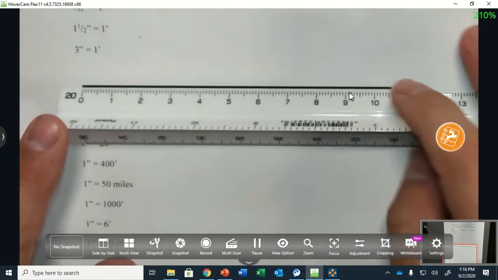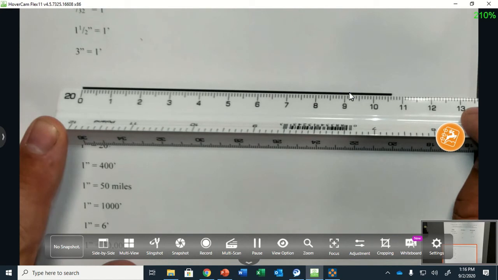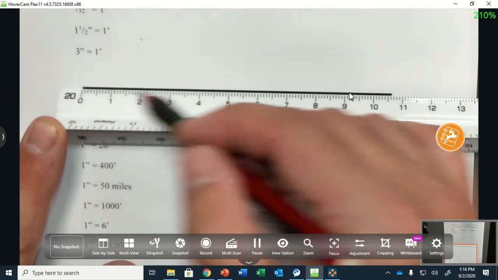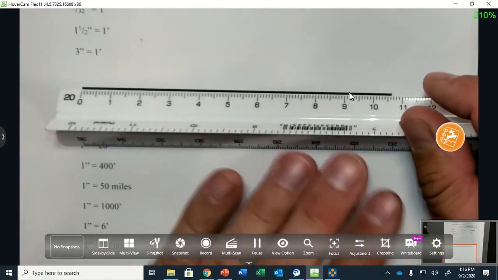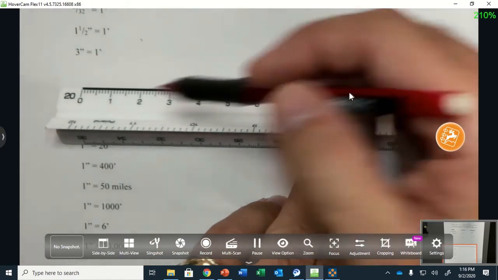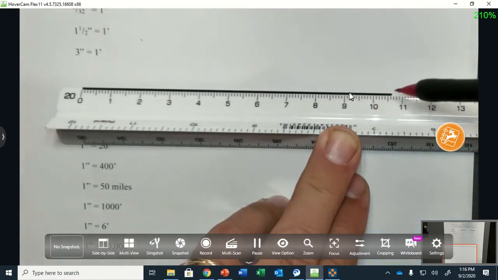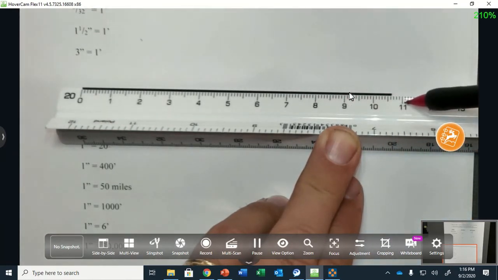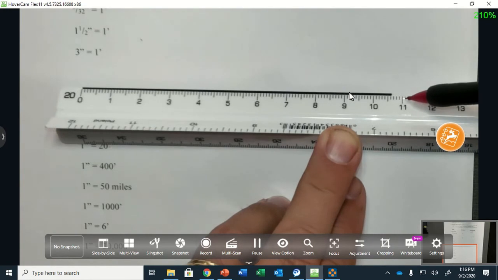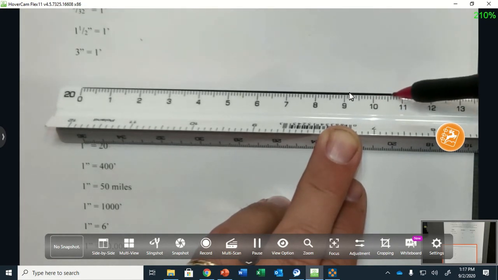Now, how do I measure this line? This is a lot easier. I don't have to slide it around. I just start at the 0, and then I measure it over here, okay? So, that's 10, 20, 30, 40, 50, 60, 70, 80, 90, 100, 110, right? So 100, this is 105.